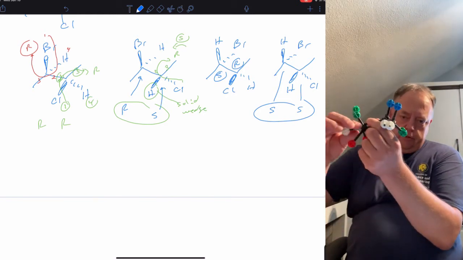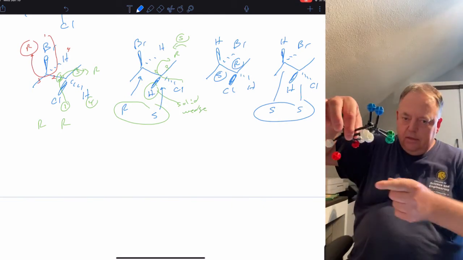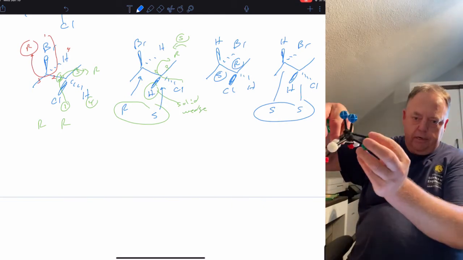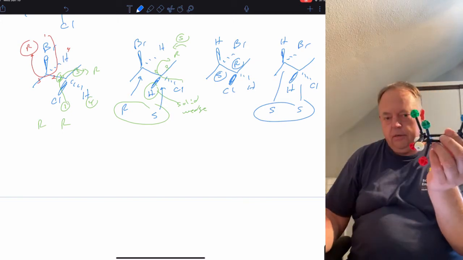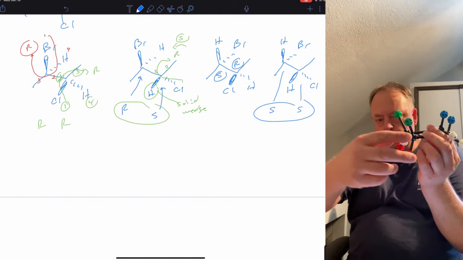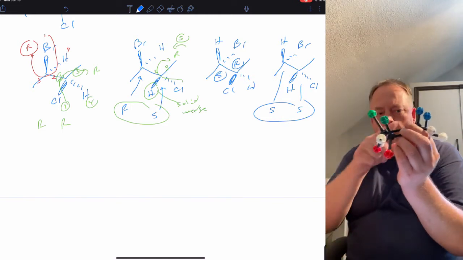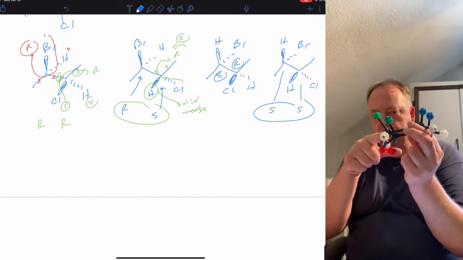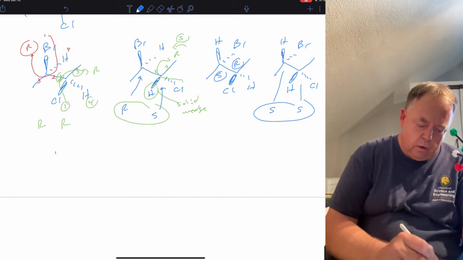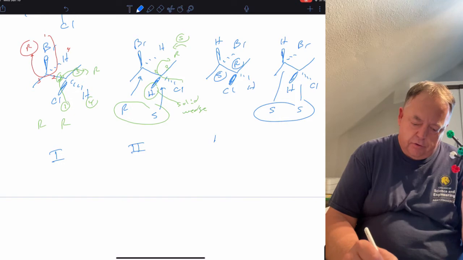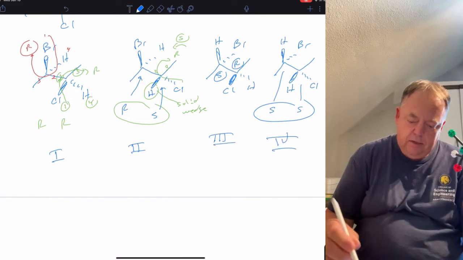So if we take this molecule, we notice the blue, green, and white match on one carbon, but on the other carbon, the greens match, but the red and whites don't match. So one chiral center is the same and one is different between the 2 molecules. So if we call this 1, 2, 3, and 4.